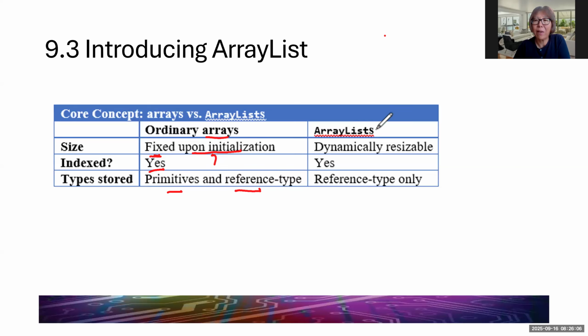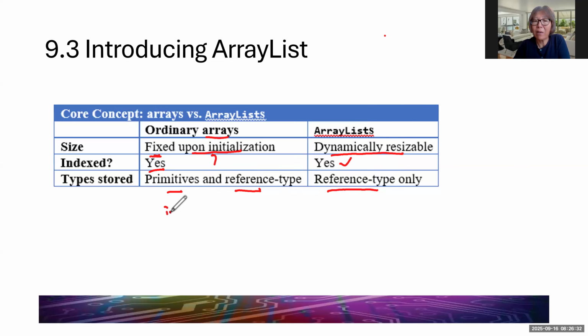ArrayList belongs to the Java collections framework, and the size is not fixed, so it can dynamically grow and shrink, and it supports indexing. It is only allowed to use reference types.